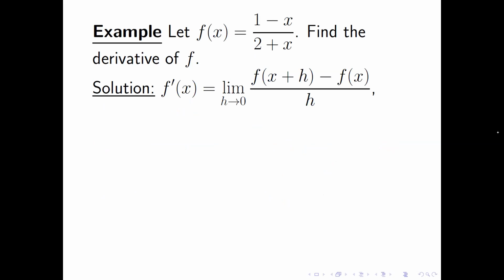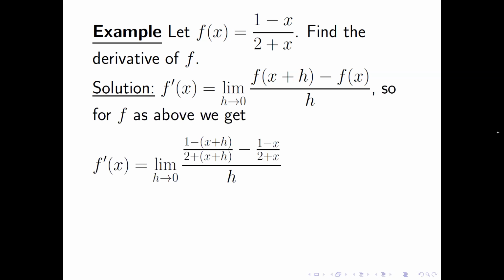The definition tells us that f prime of x equals the limit when h approaches 0 of f of x plus h minus f of x over h. This definition is very important, ladies and gentlemen, because this is just the fundamental principle of calculus. So if you know this, you don't need to memorize.